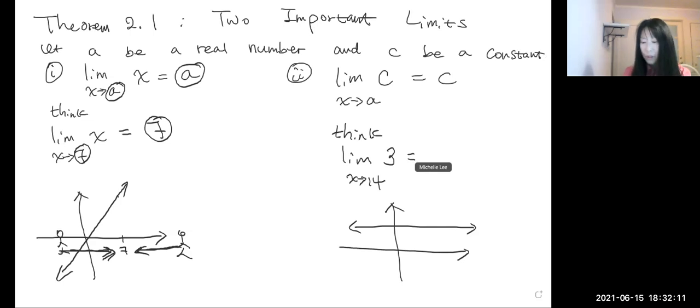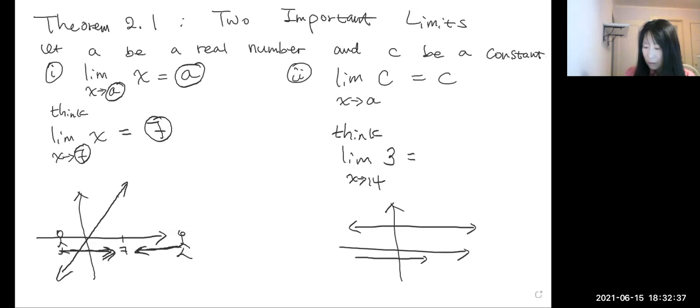Now, x approaches 14 from the left. What do you get? We read the function graph. It's still 3, right?